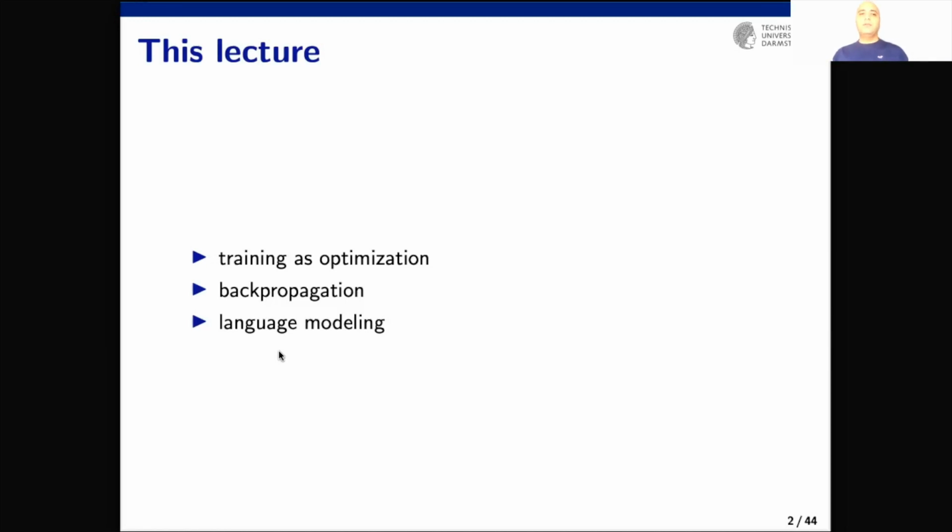Then we introduce the backpropagation algorithm, which is an algorithm that helps to train a neural network. And at the end, we discuss the language modeling task, which is a fundamental problem in the NLP area.